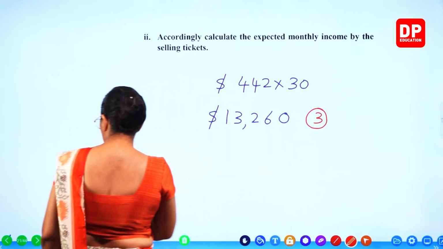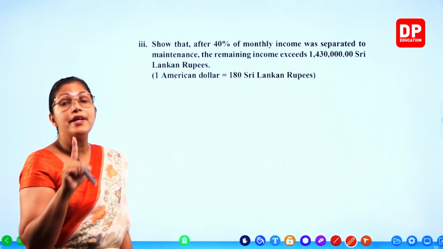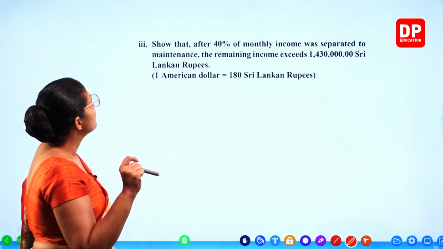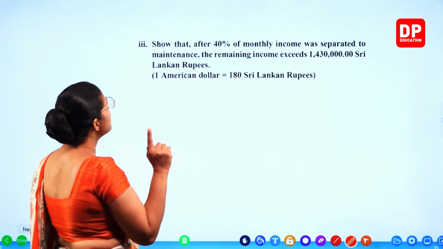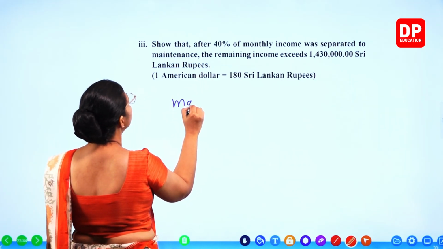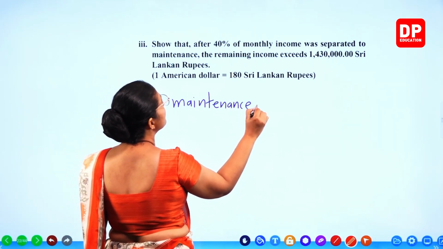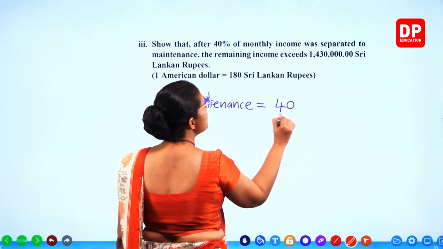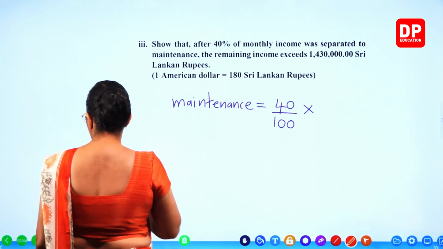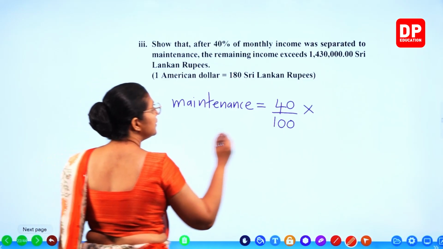Now the other part is in rupees. You have to convert to rupees. 1 American dollar is 180 Sri Lankan rupees. So what is the maintenance cost? It's 40%. That means 40 over 100 from the monthly income. So monthly income 13,260.